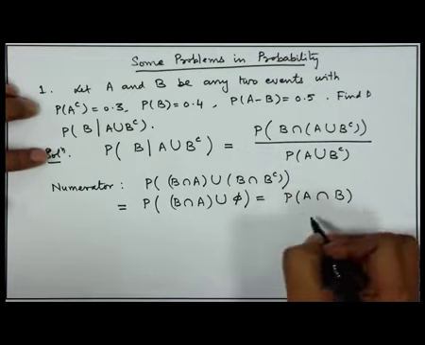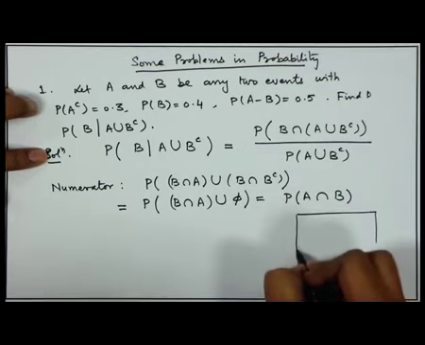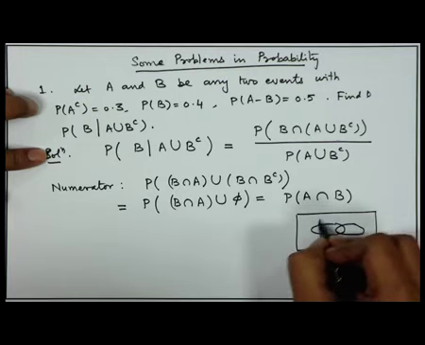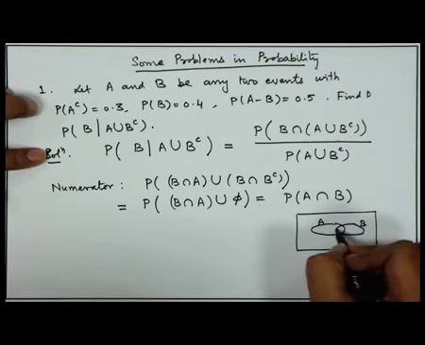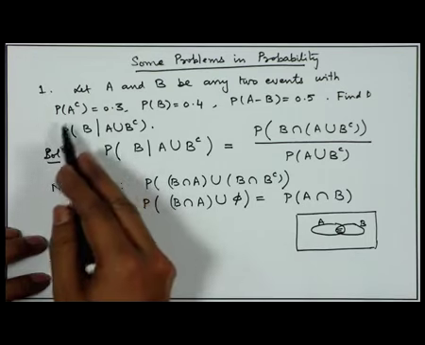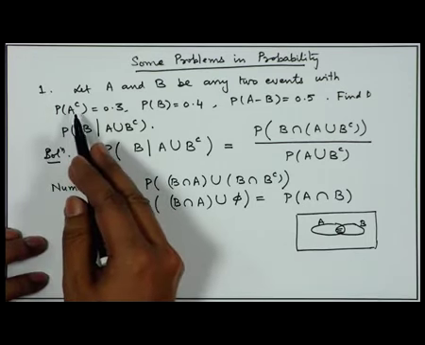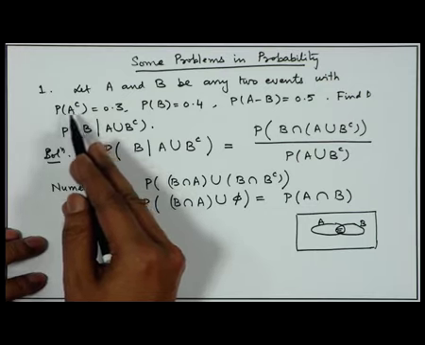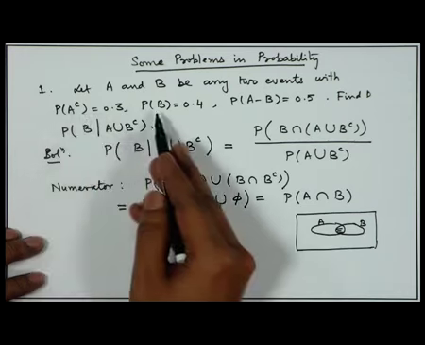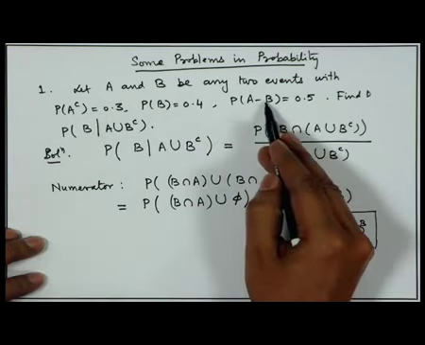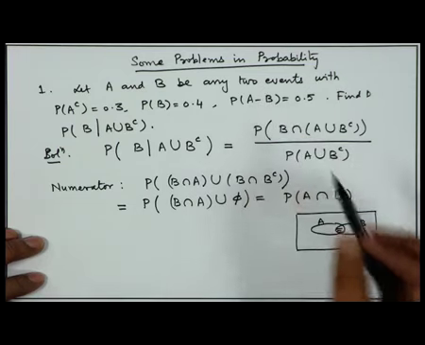Now, if we consider say a Venn diagram here with event A and event B, then this is A intersection B. What is given to us? We are given probability of A complement. Now, if probability of A complement is given, you can easily find out probability of A. Probability of B is given. What else is given? Probability of A minus B. What is A minus B?